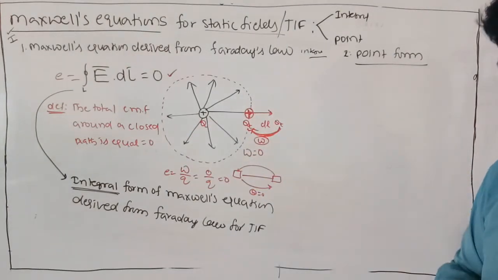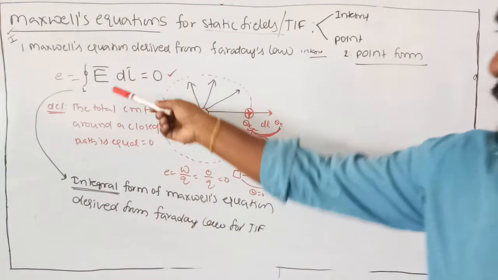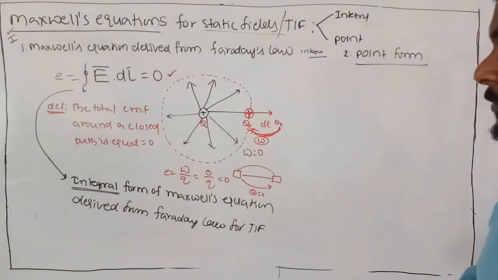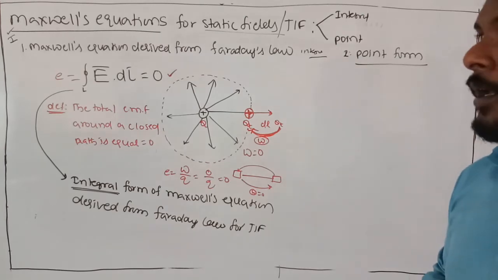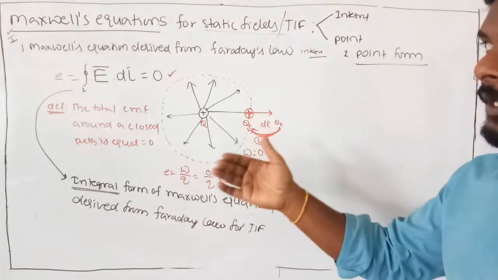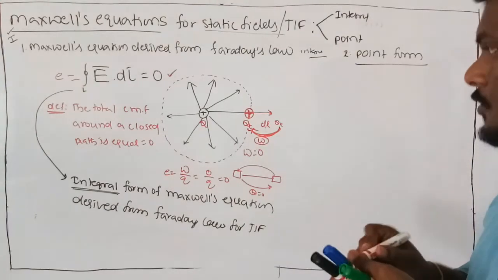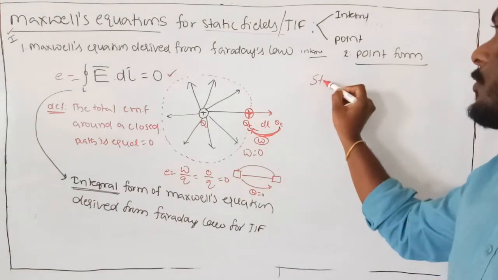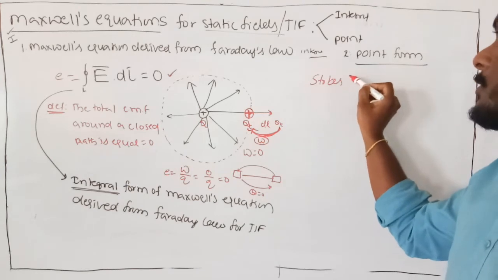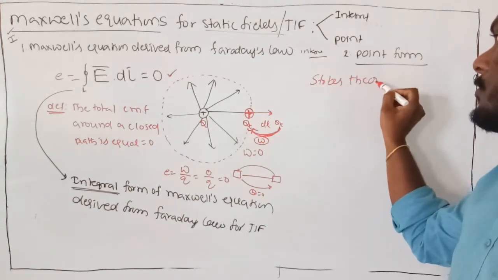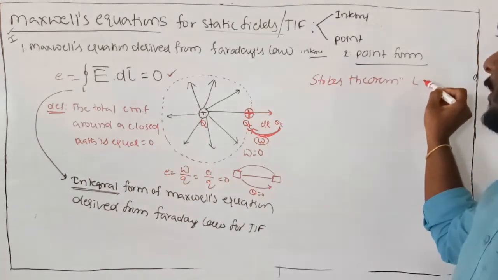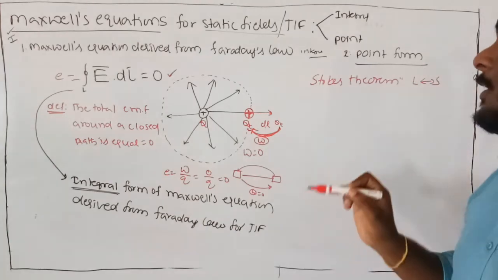By applying Stokes theorem, as it is a line integration. To convert line integration into surface integration, we need to use Stokes theorem. What is the Stokes theorem? It converts line integration into surface integration.